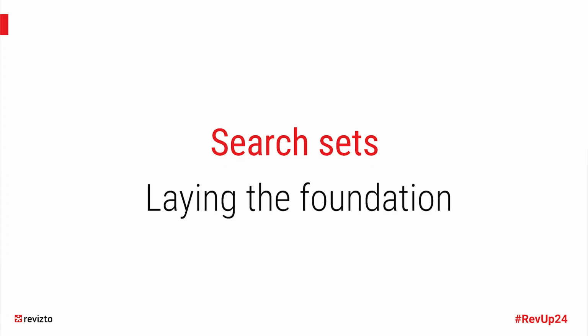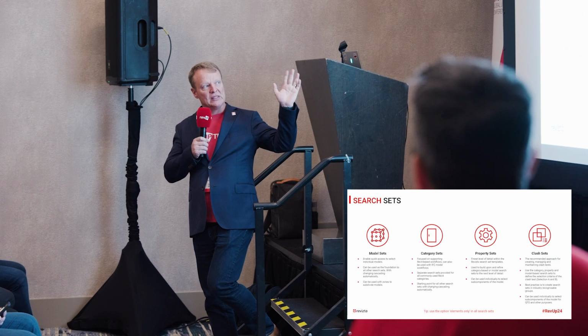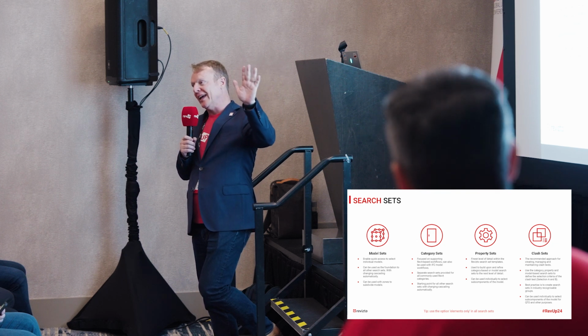Search sets. I firmly believe that search sets are the key to unlocking the power behind Revizto. The way I'd recommend that you set up your search sets is through this cascading methodology. Start with your big things first. The models that are actually coming into Revizto, if you create dedicated search sets for those models, it means that every other subsequent search set can cascade.